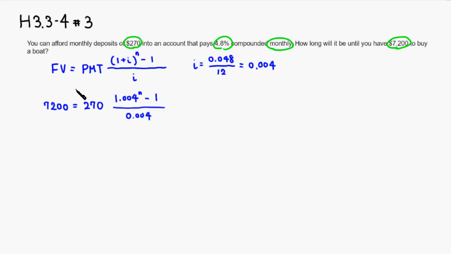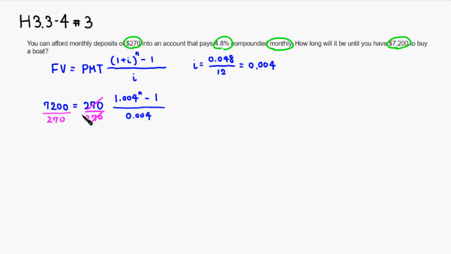The first thing we want to do is get rid of 270 by dividing by 270 on both sides, so we can cancel those out.